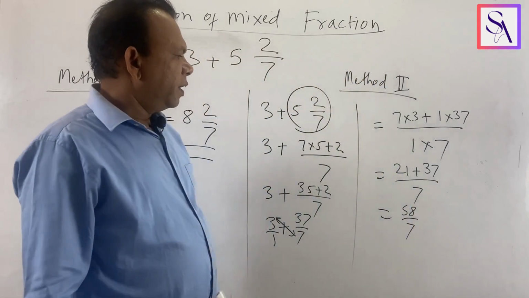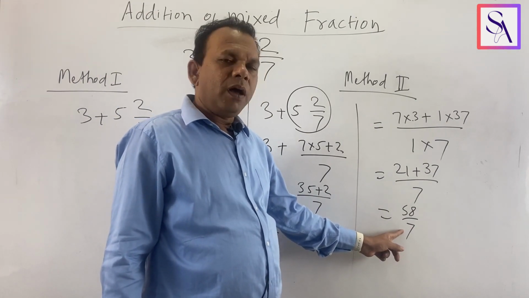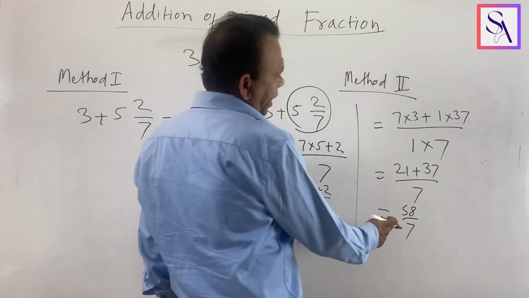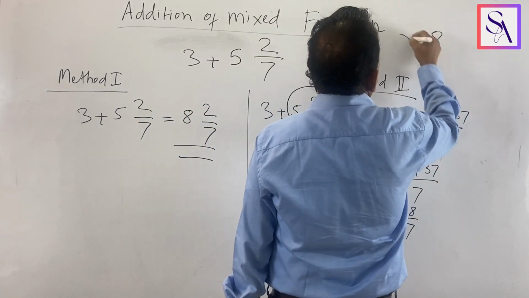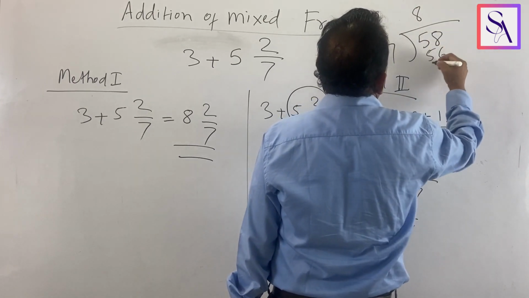Right? 58 by 7. So again this came as an improper fraction, so I had to convert 58 by 7 into a mixed fraction. So how to do that? 58 divided by 7, 7 8s are 56, 2 carry.